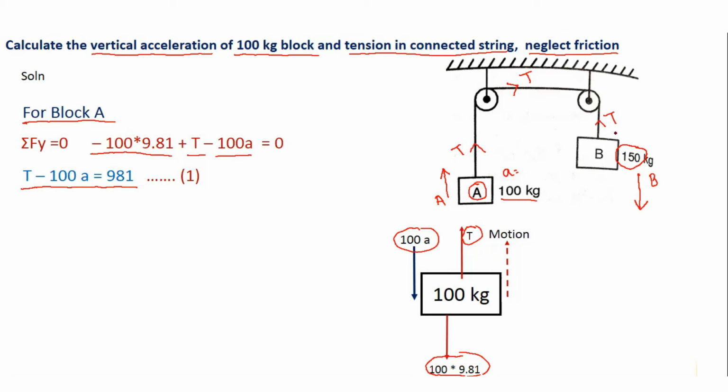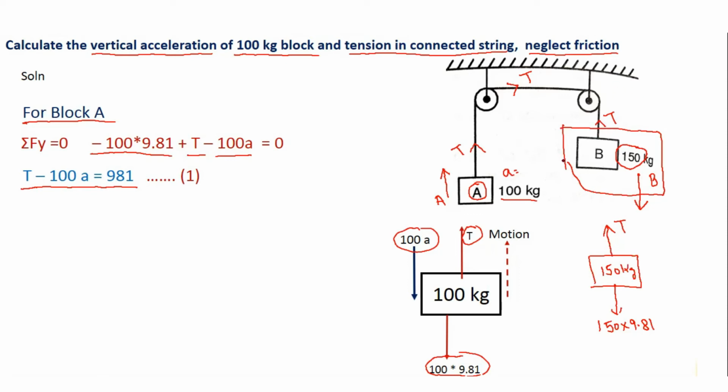Next step will be to draw the free body diagram for the other body, that is B. For B of weight 150 kg, the first force will be the applied force, which we have already determined will be the same tension T. Next will be the self weight, that is 150 multiplied by 9.81, converting into newtons. The third force we show in any free body diagram is the reaction from contact surface.